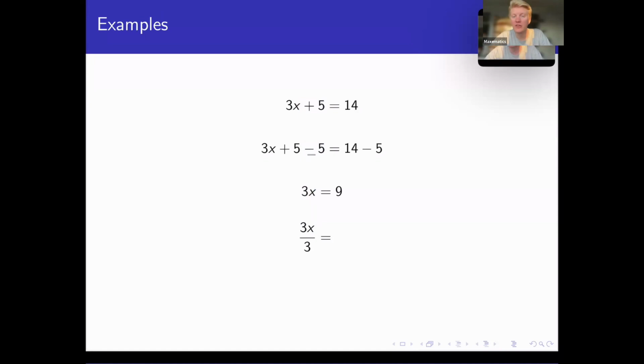So just like we had to subtract 5 on both sides, we also have to divide both sides by 3. We can't just do it to one side. That would really break the rules of solving equations. So we divide both sides by 3. And the reason we did that is because 3 divided by 3 is just 1. Well, we never have written 1x. So 3 divided by 3 is just 1, 1x. x equals 9 divided by 3, 3.